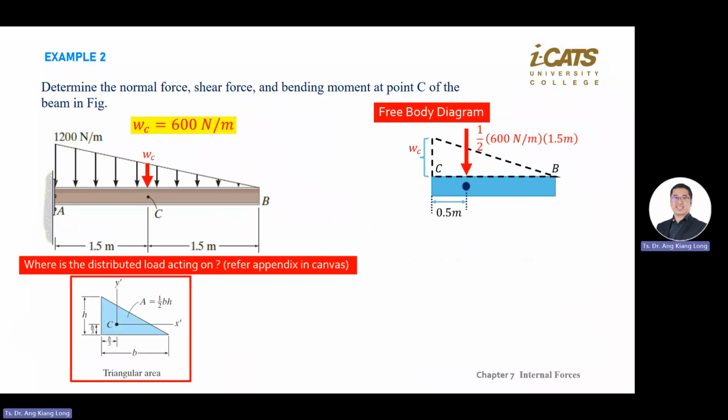Then we start to put in the three loads for internal loading. Three loads, which are normal force, shear force, and bending moment. So go to that cutting, right? You cut here, consider left, right? All openings always point up.